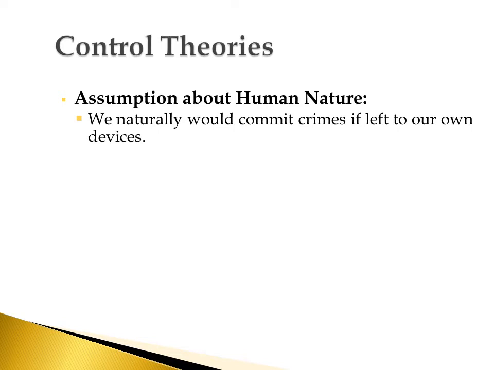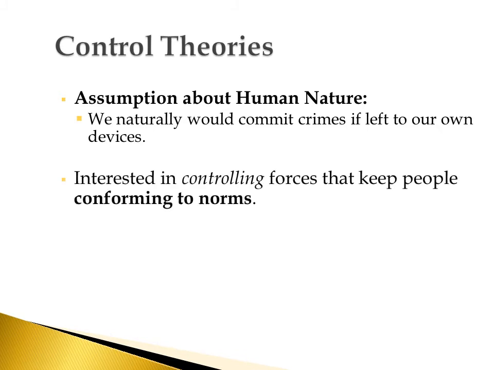As humans, according to control theory, we are self-seeking, self-serving, hedonistic creatures. So the assumption here is that in the absence of things like societal controls, laws, norms, you're going to do whatever it is that you need to do to get what you want. And oftentimes that would usually mean committing crime.